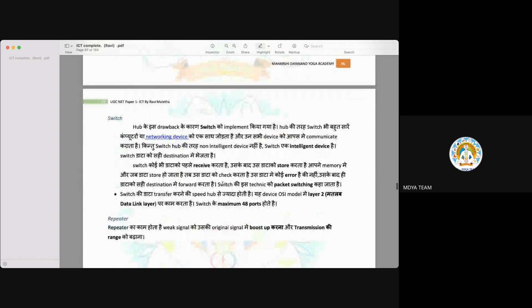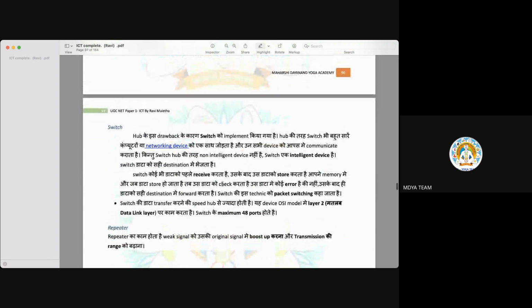Now the next one is switch. Some of the drawbacks of the hub, that they transfer the data as they receive it, get improved in the switch. Switches are more or less like a hub, but it receives the data and checks the data.